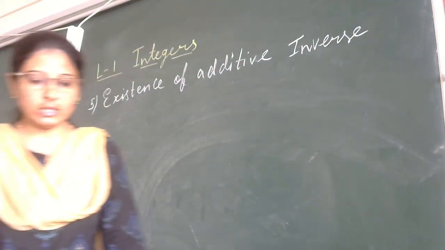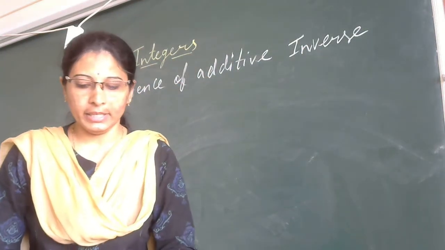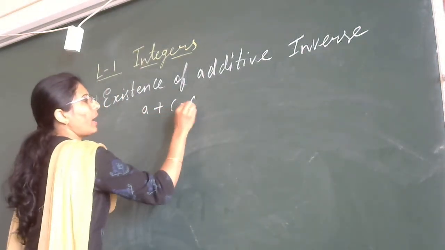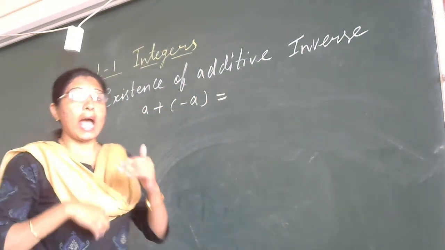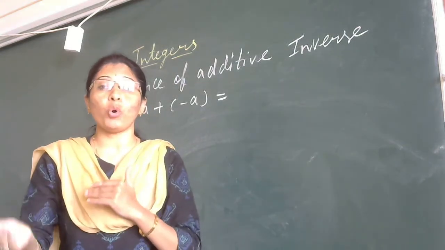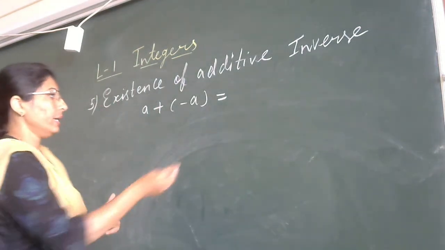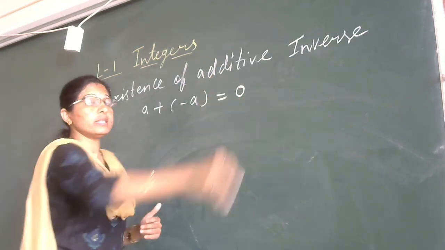That means if a is any integer and we add the same integer having the opposite sign, we will get the answer 0.